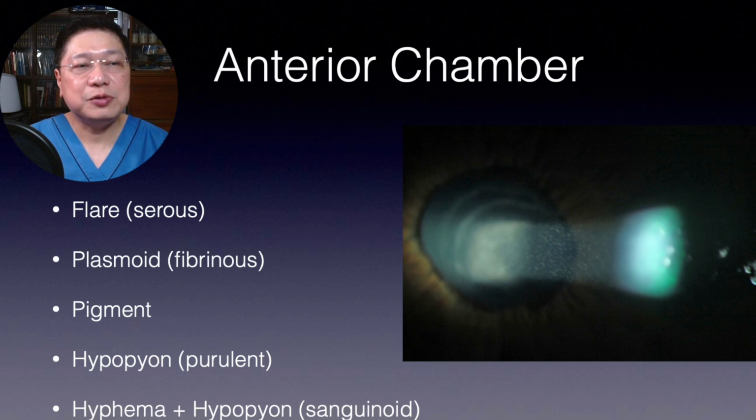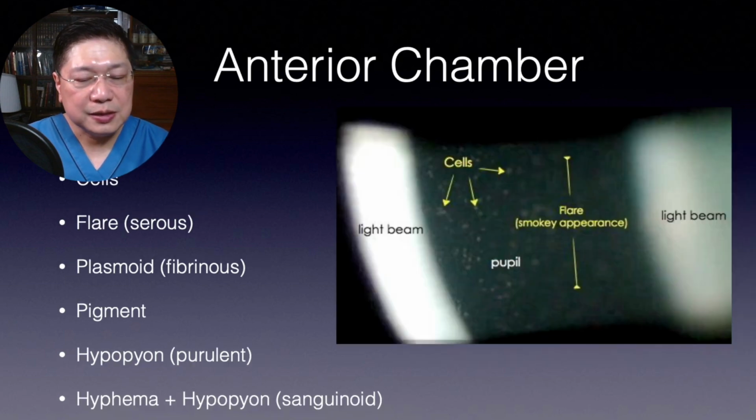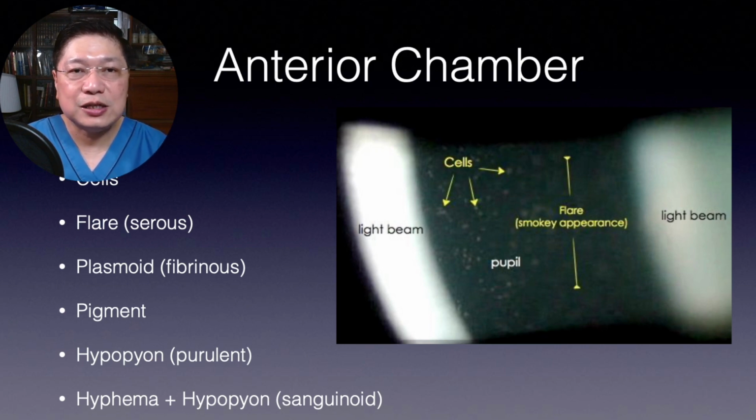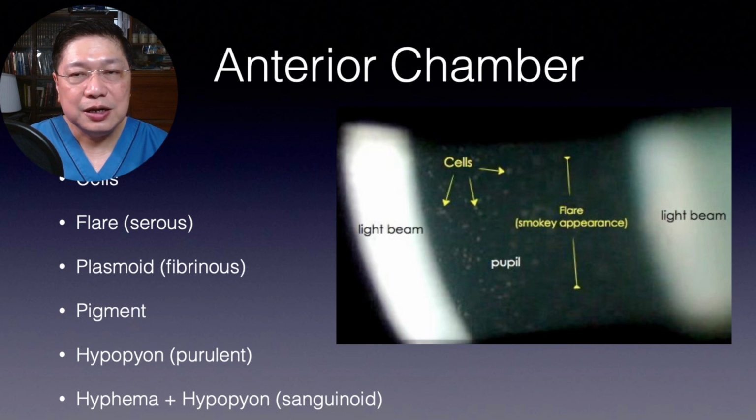We call flare with serous, plasmoid would be fibrinous. That means it's thicker, more fibrinous, as the name says. And you can see the cells that are floating inside. This is actually a light passing through the anterior chamber. The light beam on the left is the light reflected off the front part of the cornea, and the light beam on the right is the light beam on the crystalline lens.